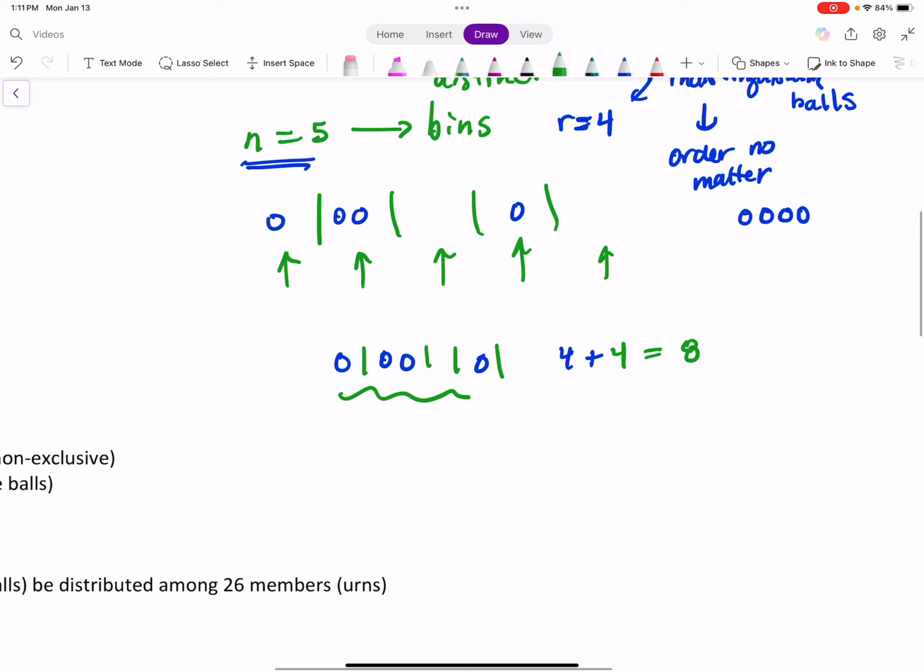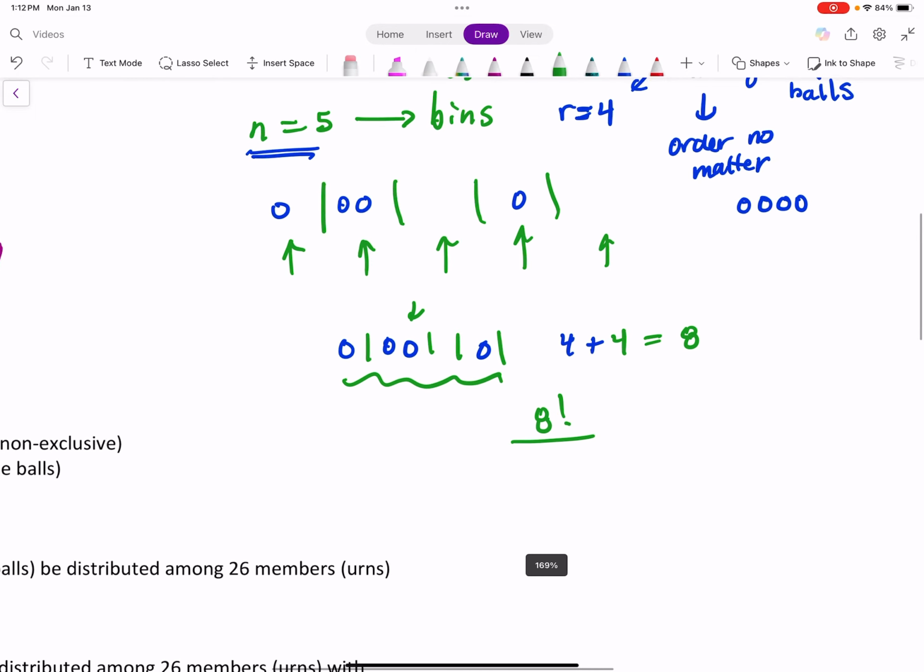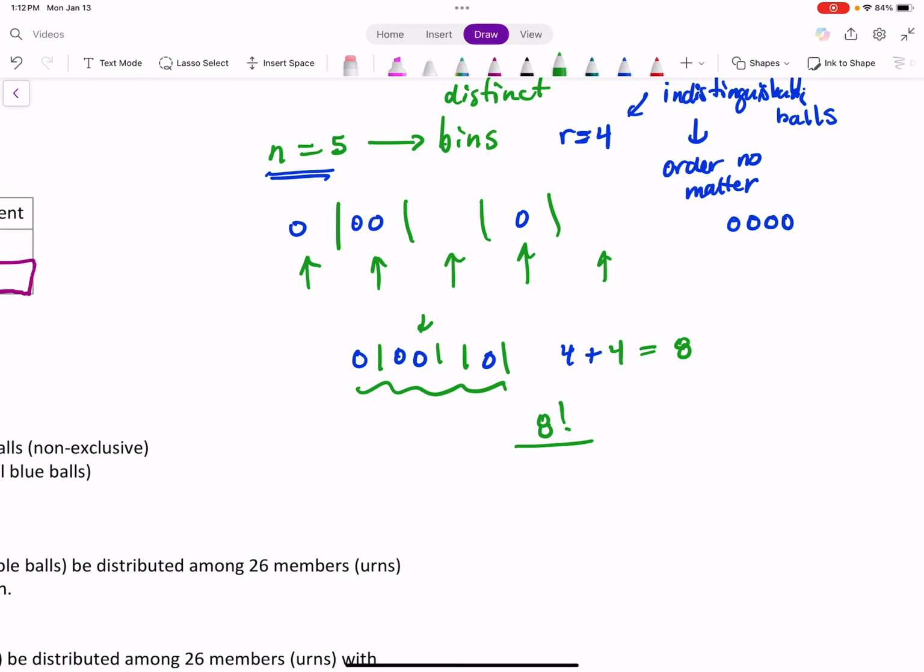We take all the arrangements of these 8 objects, 8 factorial, and then we divide out the ordering of them within their particular place. And what I mean by that is I don't want to count this 0 moving to that 0 and all the arrangements of those zeros in those particular bins. So we divide out 4 factorial, and then the same with our bars. Divide out 4 factorial.